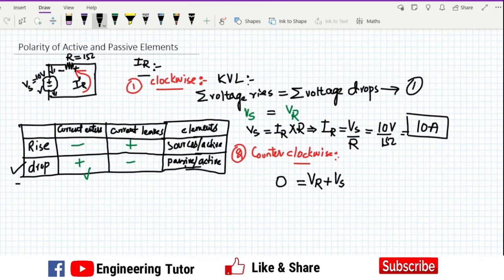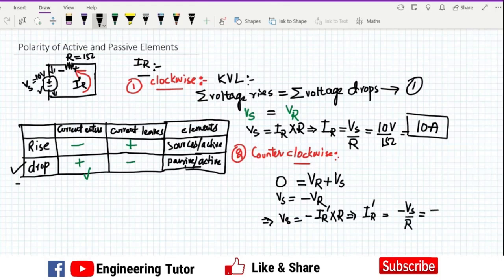By allocating the variables here, we can have VS equal to minus VR, or by writing the values here, minus IR prime multiplied by R, or the value of IR prime here is minus V of S by R. Putting the values here, this is 10 volts, and this is basically 1 ohm. So now the value will be minus 10 amps instead of the positive 10 amps.